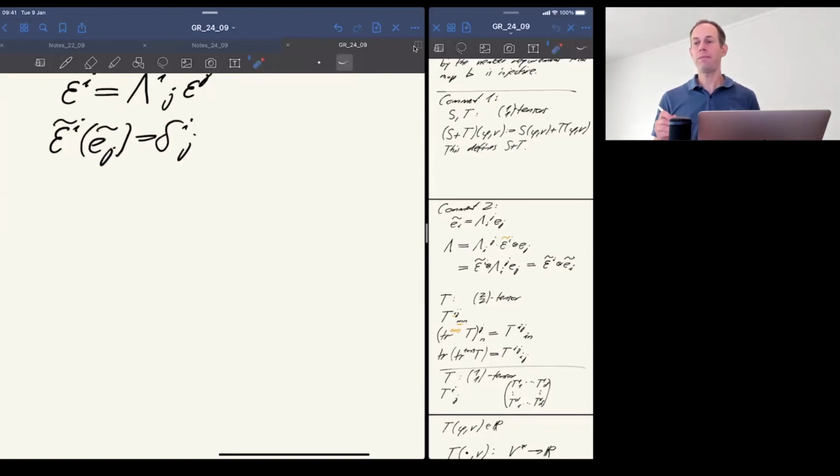Okay. So, is everything clear at this point? Because I think it's good if you're clear about these things when you enter a new section.